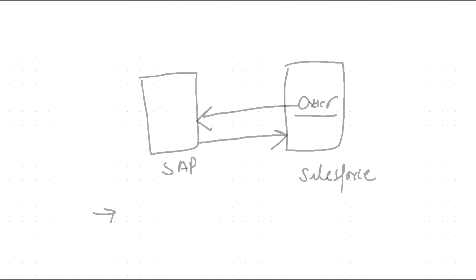So there are two terms: one is web service, and the other one is callout. Now try to understand these two things. A web service is nothing but when we create an API so that any third-party system can call that API and send us data or get data from us.